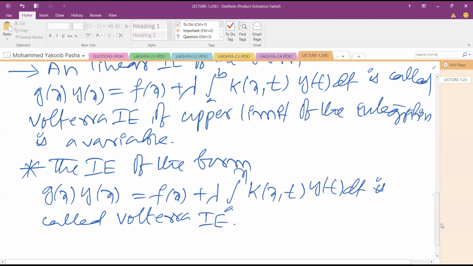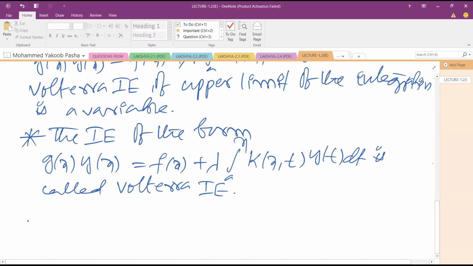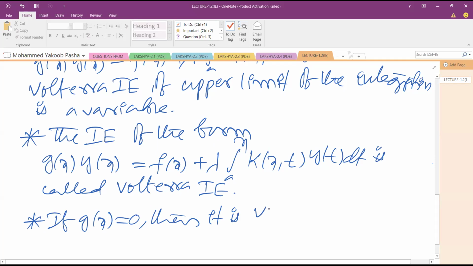Now this Volterra integral equation is said to be of first kind whenever g(x) is equal to 0.